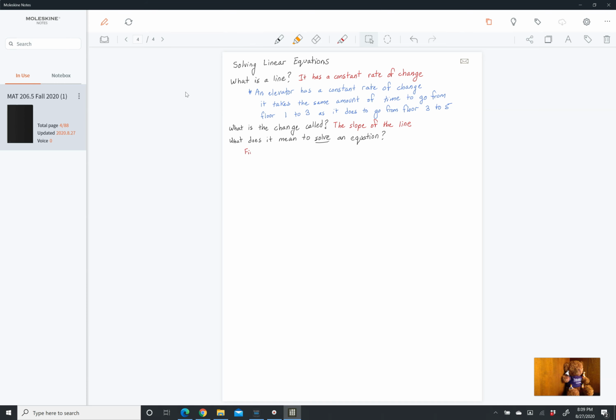So we're finding values that make the equation hold true. So what do we mean by this? The left side has to continue to equal the right side.